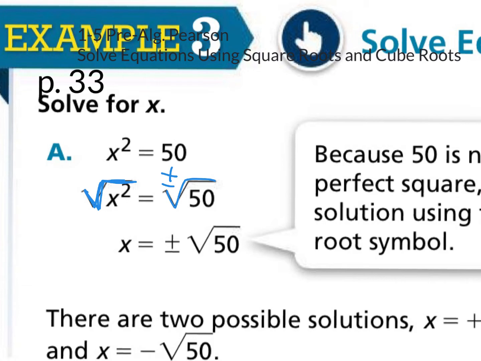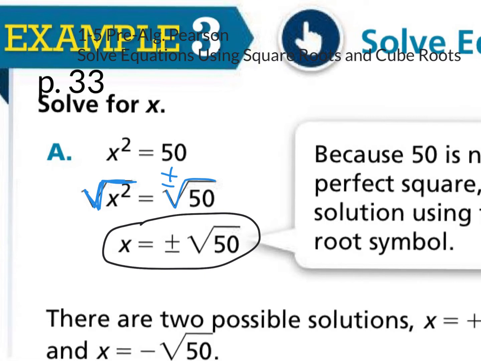So when we add a square root, we add plus or minus to show that there's two different options that'll work here. And square root of 50 is irrational. It doesn't come out evenly. So unless they tell us to round the answer to the nearest tenth, or if it's like a real life problem and we're trying to figure out what does this number actually mean, in this case, we're just solving for x.